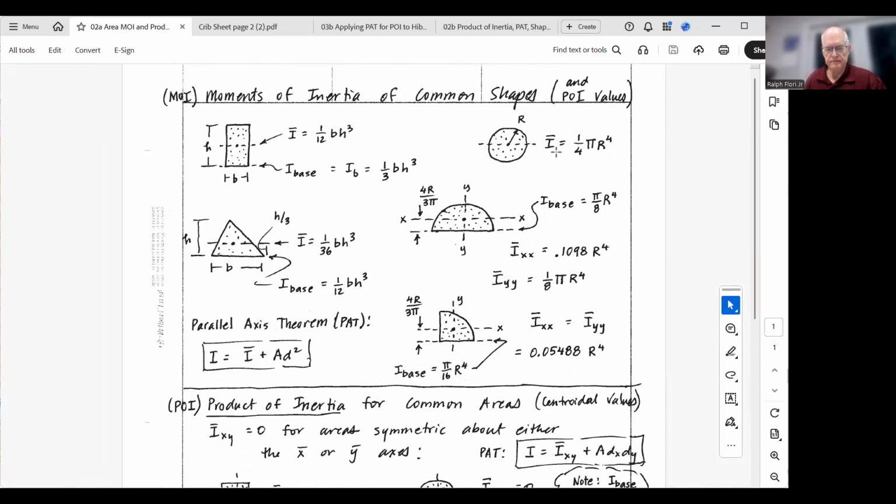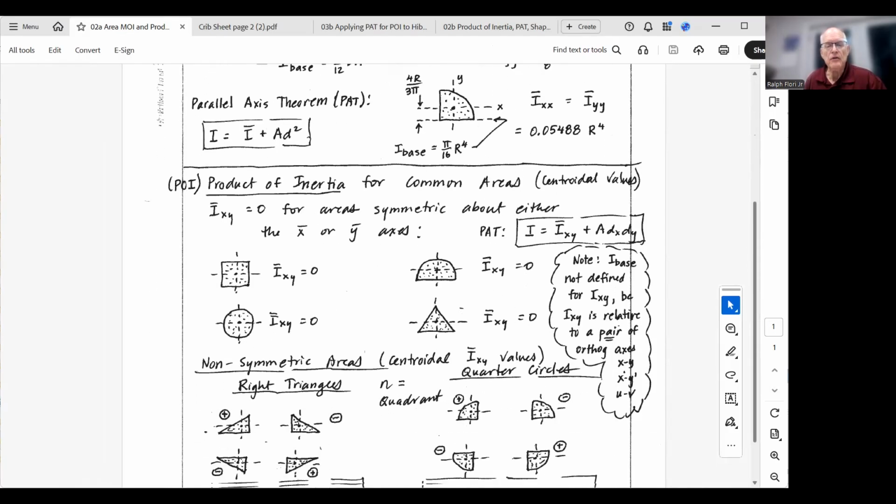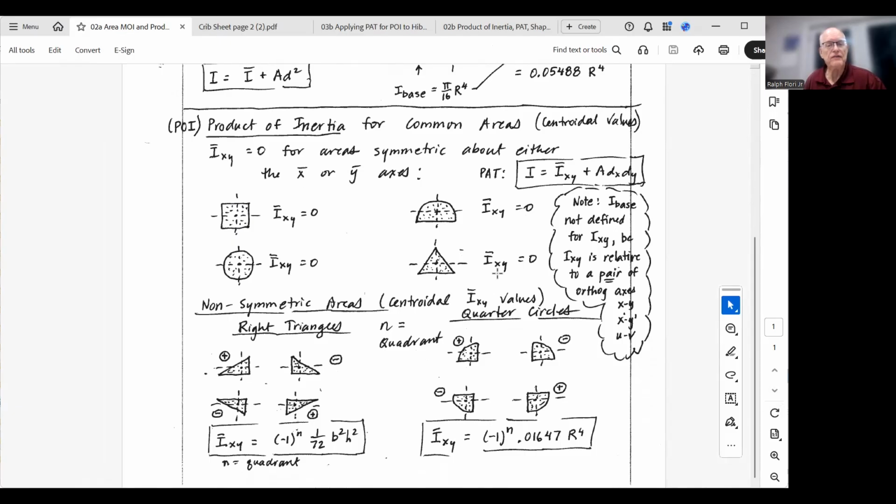The top part are moment of inertia formulas, both I bar and I base. But the bottom part of the page is devoted to product of inertia. Again, we just derived the parallel axis theorem for the product of inertia.